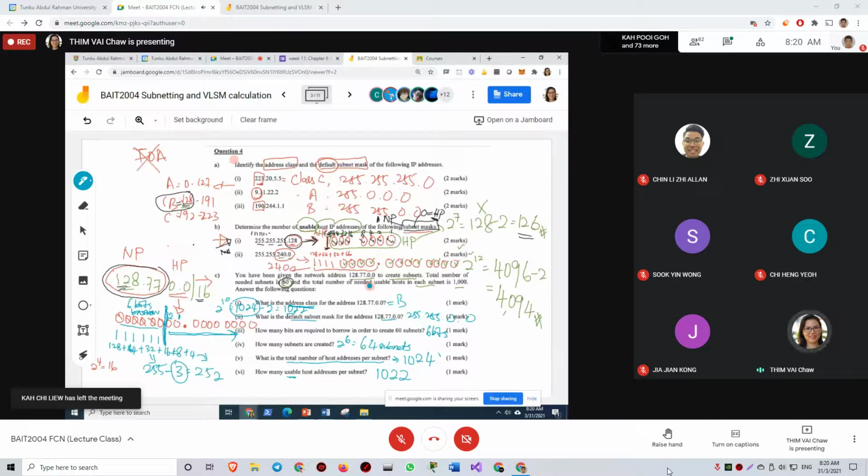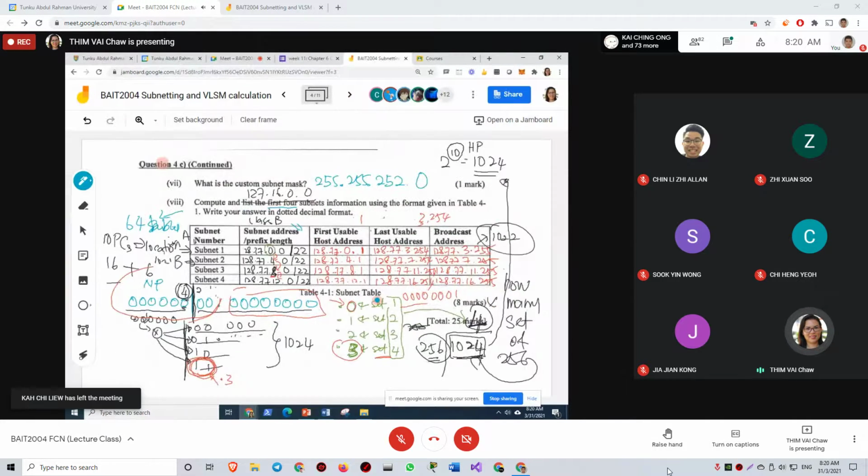Okay, so now we're moving on to the next question. Before that, once you find out your magic number, in classful subnetting, you can use the magic number and keep adding it to increase. As I told you, we divide by 256 because we wanted to find the magic number.